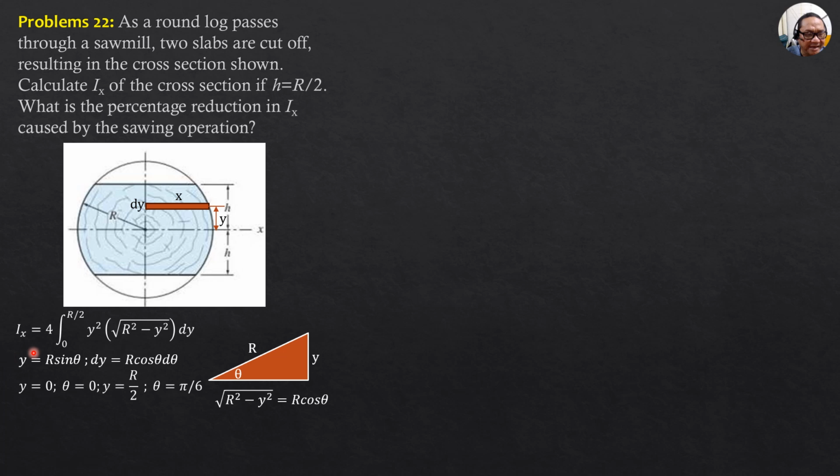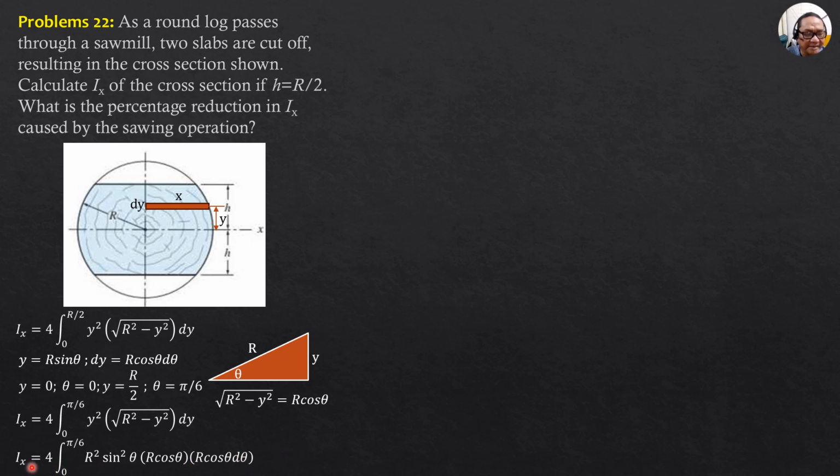So it becomes 4 times integral from 0 to pi over 6 of r squared sine squared theta. This is r cosine theta, and dy is r cosine theta d theta. So that's it. Replacing y by r sine theta, so it becomes r squared sine squared theta. This is r cosine theta, and dy is r cosine theta d theta.